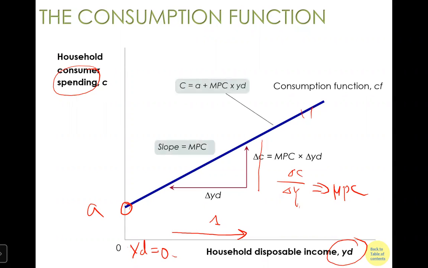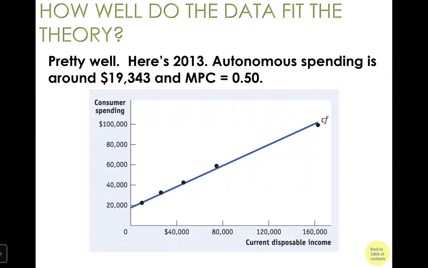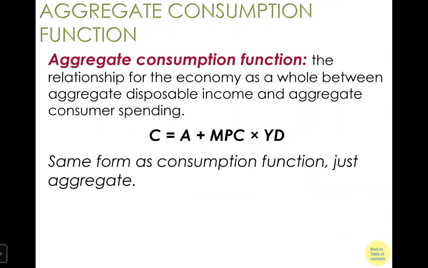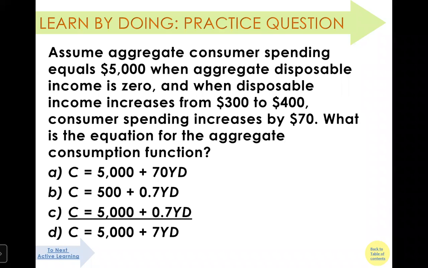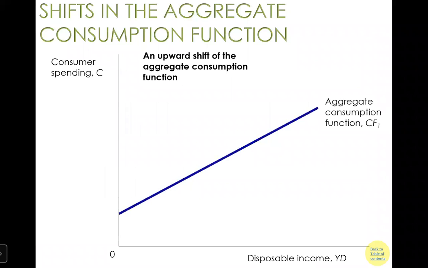Right, so this is the consumption function, and this is how the consumption function fits with the data, right? We look at 2013. Very good. So now we can easily convert this into the aggregate. All right, we have seen this before, I believe.